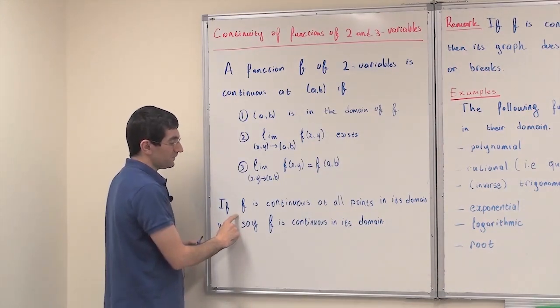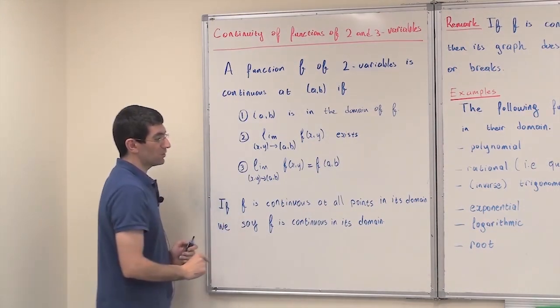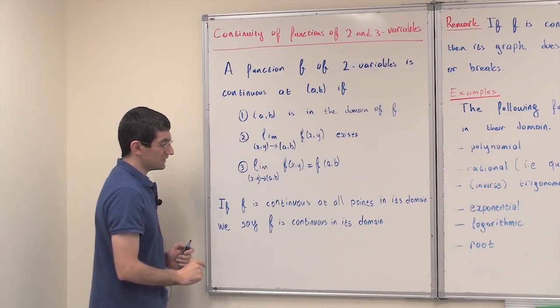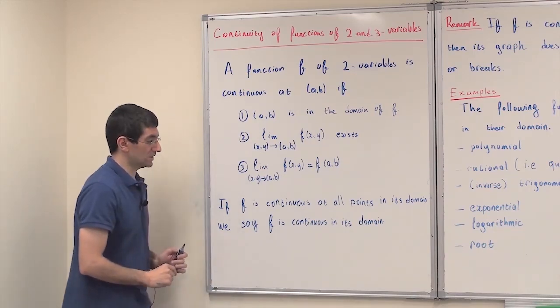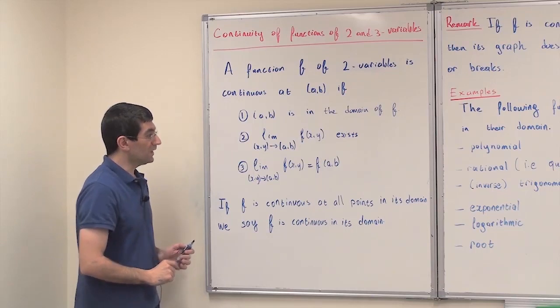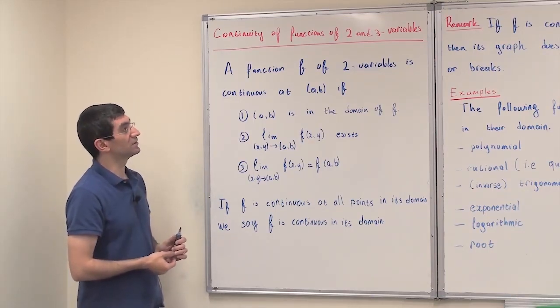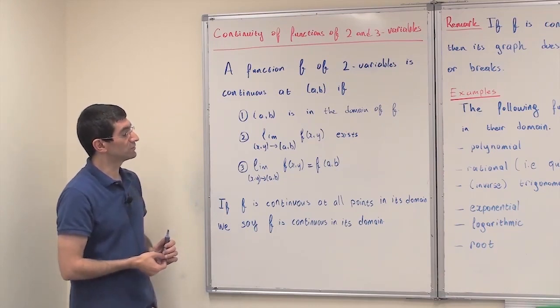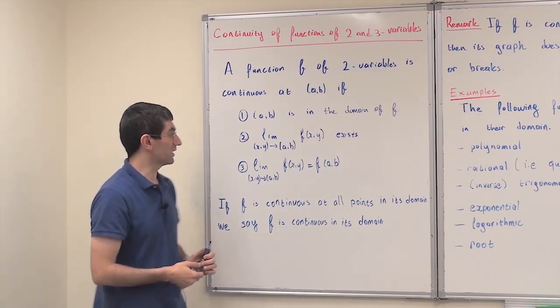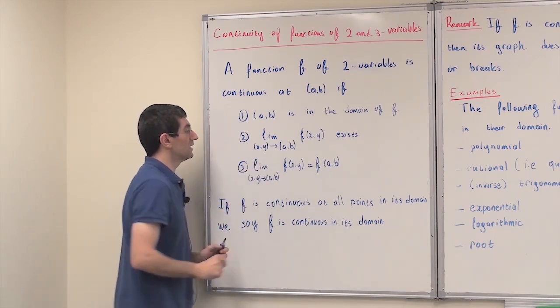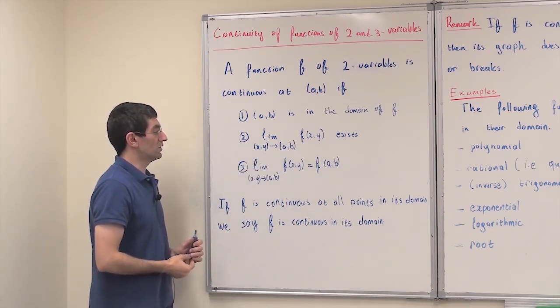Now, if f is continuous at all points in its domain, we say that f is continuous in its domain. This definition of continuity can be easily extended to functions of 3 variables simply by increasing the components of points.